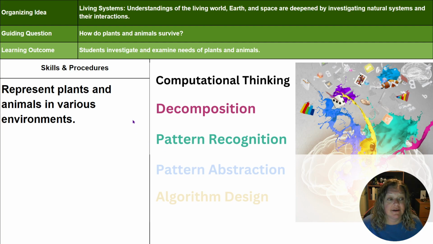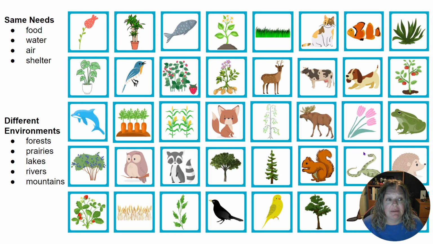Looking at the skill of being able to represent plants and animals in various environments, again, we'll be looking at that decomposition and pattern recognition piece as we look at how plants and animals have the same basic needs. That's something that defines something that is living.